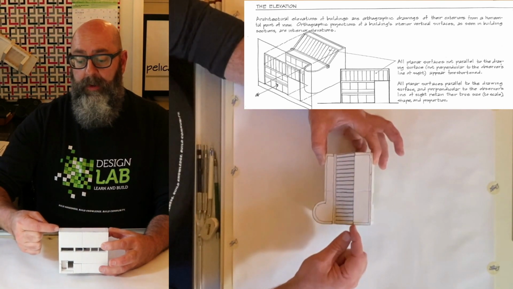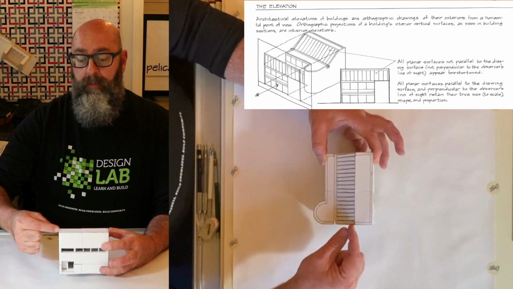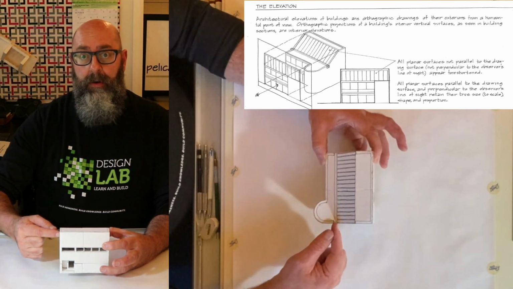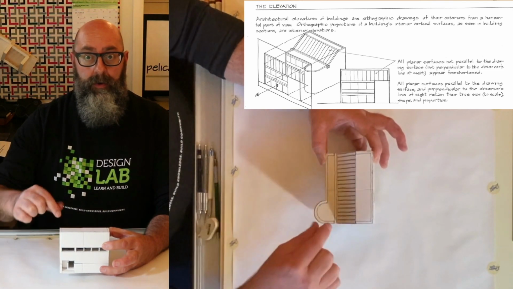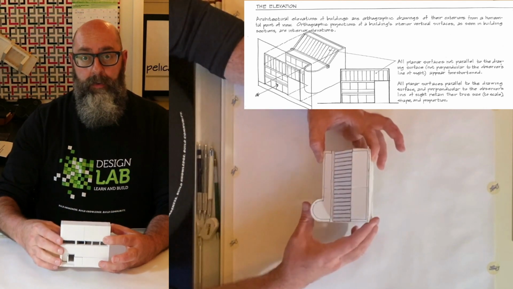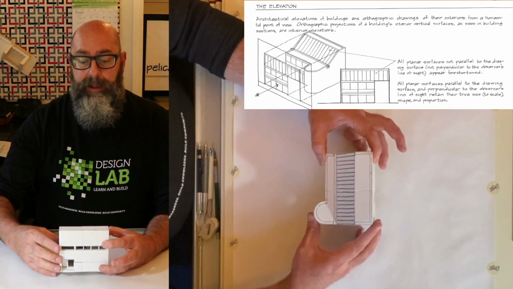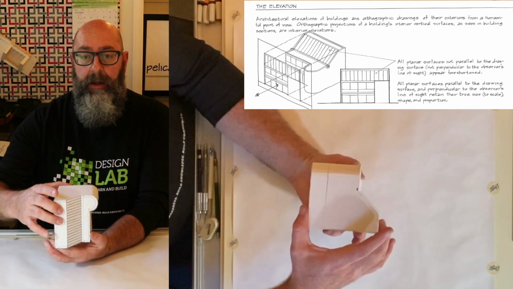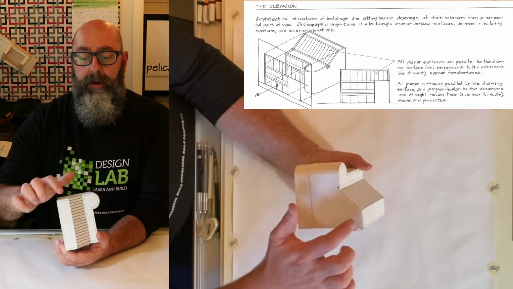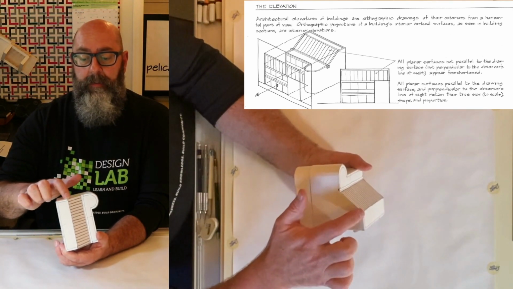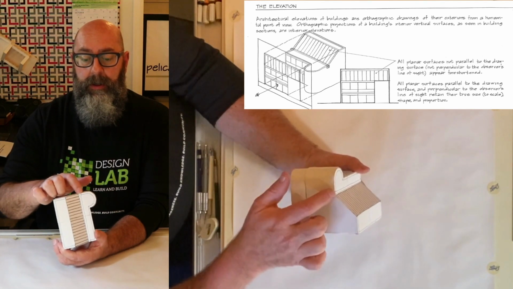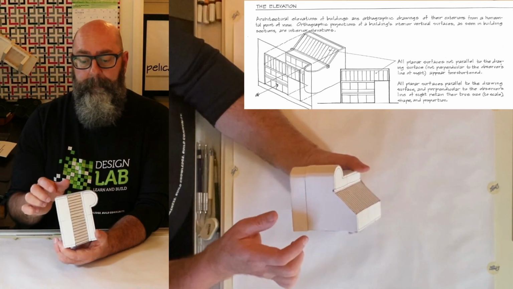And so it's only going to be from here to here on your roof plan. But when you look at the roof plan and then you look at the side elevation, then you start to understand that this is the flat part, that's the slope part, and this is the other flat part.